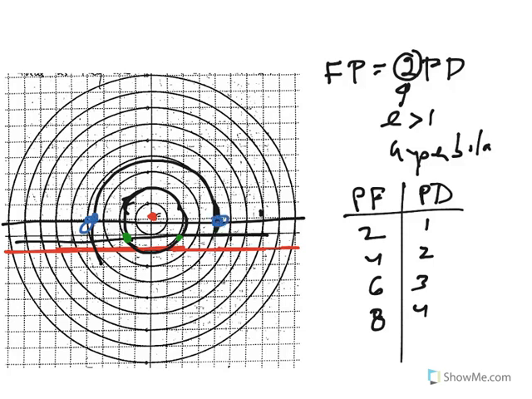Notice how they're 4 away from the red dot in the middle, from F, but they're only 2 away from the red line. And if I do the same thing with this one, I need to be 3 away from D, so I need to be on this line, and 6 away from F, which is 1, 2, 3, 4, 5, 6. It's all the way on this circle, which is going to be these 2 points.